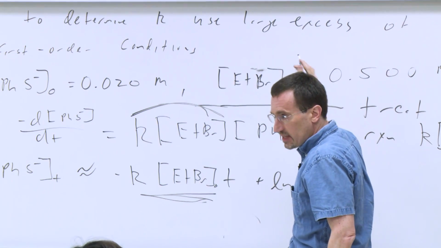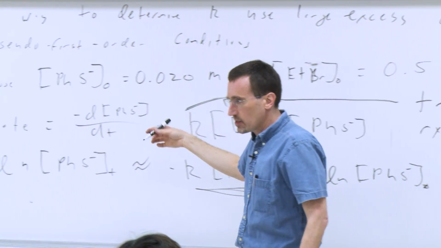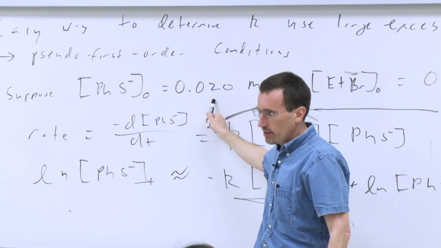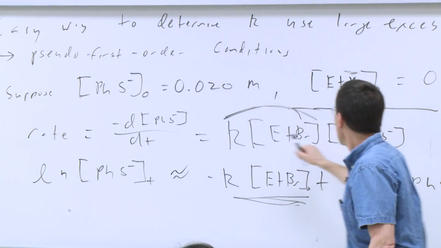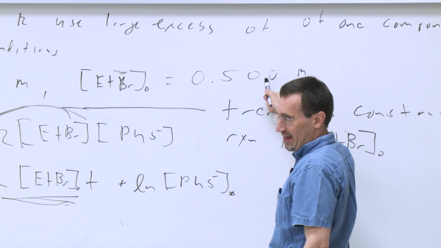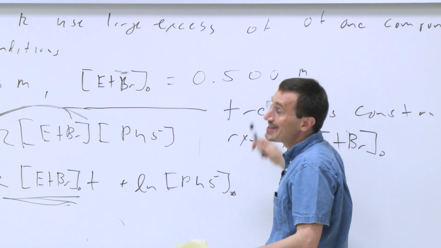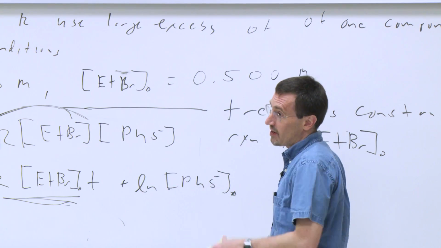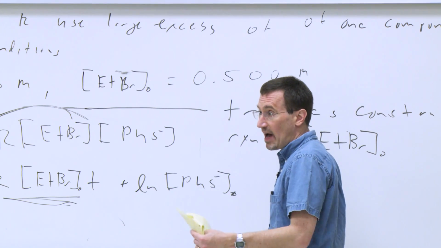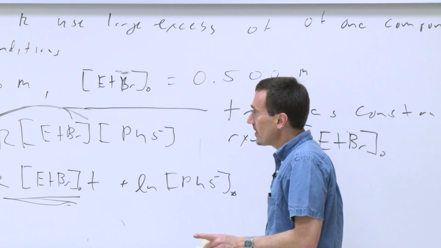At time 10 minutes, let's say the reaction's gone halfway, we have 0.1 molar benzene thiolate and 0.49 molar ethyl bromide, which is within limits of experimental error, basically the same as 0.5. So you're saying ignore that little difference.